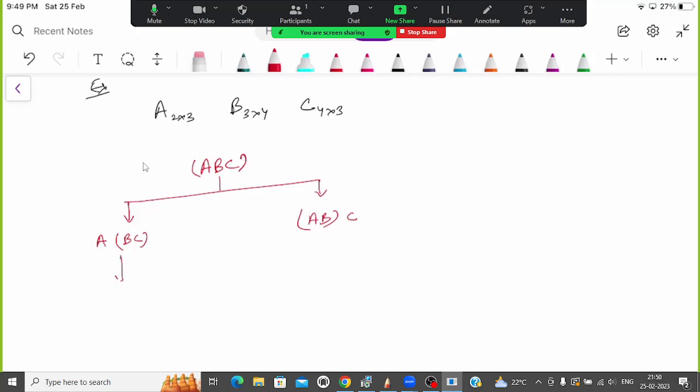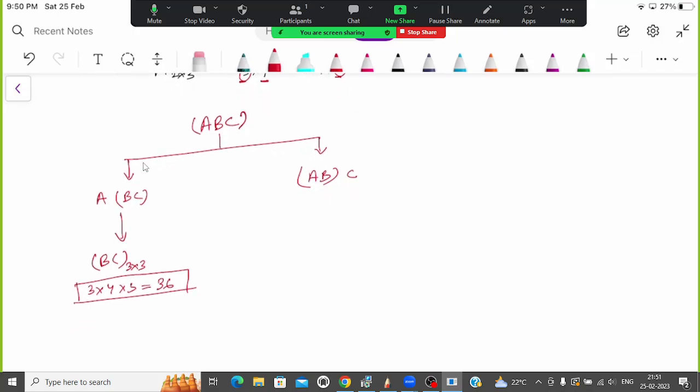Suppose you are getting the BC matrix. The number of multiplications to get the BC matrix will be 3 into 4 into 3, and BC will be a 3 cross 3 matrix. That is 36.